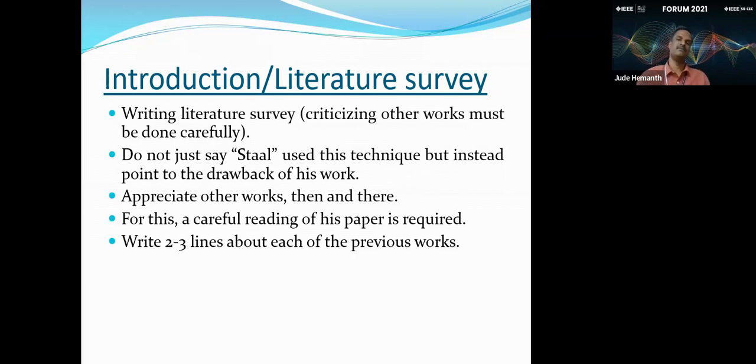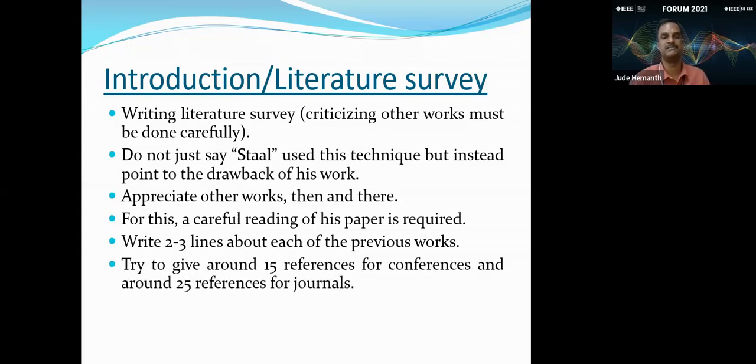If you want, you can have one more line also. So 2 to 3 lines about each work, talking about their technique and their drawback. When you come to 12 lines, 3 into 4, you would have given 4 papers. So the third paragraph is completely 4 papers, specifically criticizing the people's work.